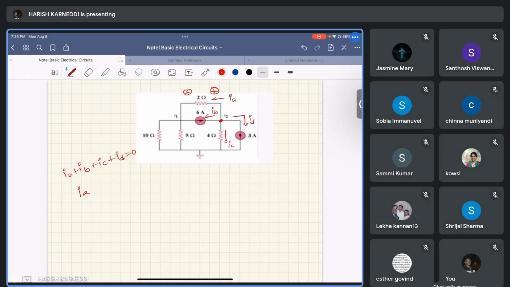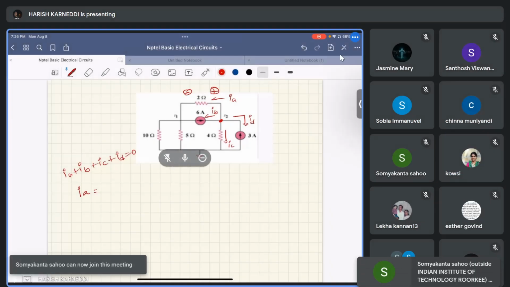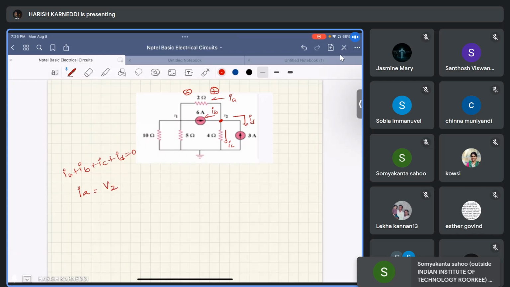So at the positive point, what is the voltage? At the positive point, the voltage is V2. At the negative point, the voltage is V1, over 2, right? This is IA. What about IB?